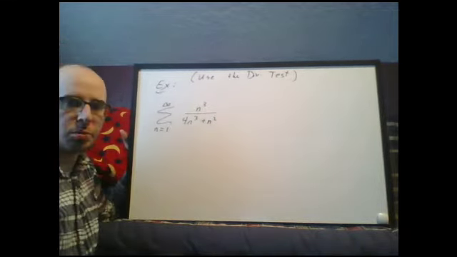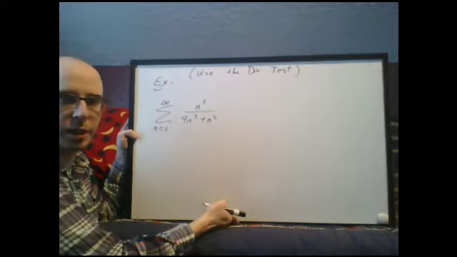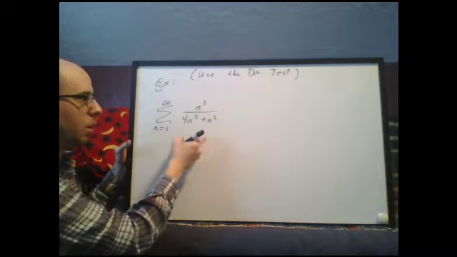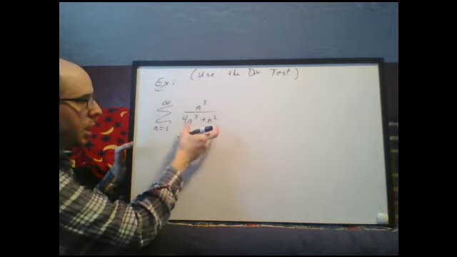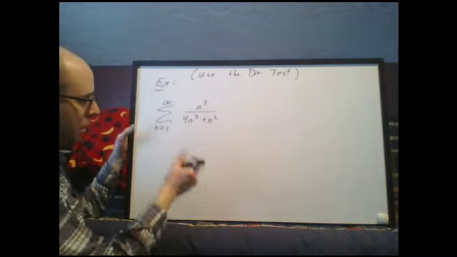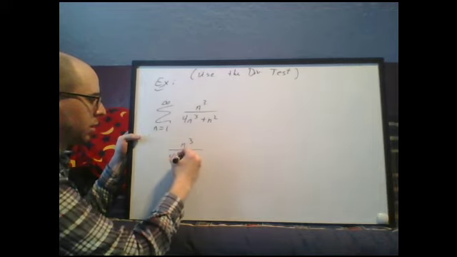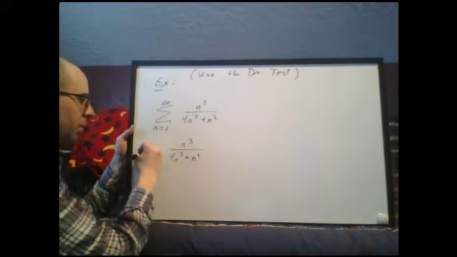Summation of n cubed over 4n cubed plus n squared. Alright, so the divergence test means I ignore the sum. Just look at the sequence, and I think about what is its limit.